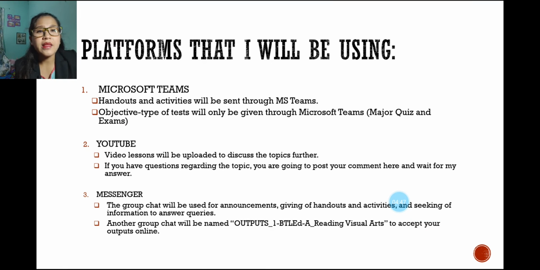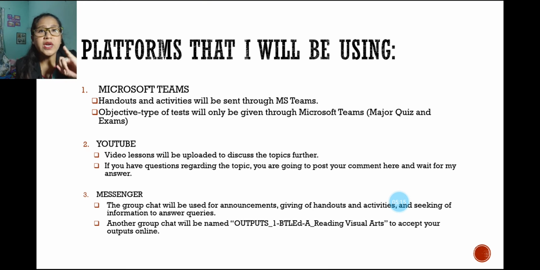Okay, and then we have another group chat that will be named Outputs. As I told you a while ago, if ever you couldn't access Microsoft Teams, we have here Messenger. And if you couldn't turn in your activities, the outputs, those activities I have given, you could send your outputs using another group chat. So in my class, there are two Messenger group chats.